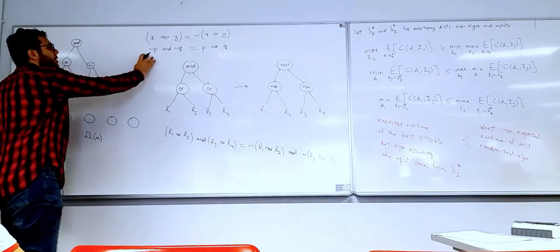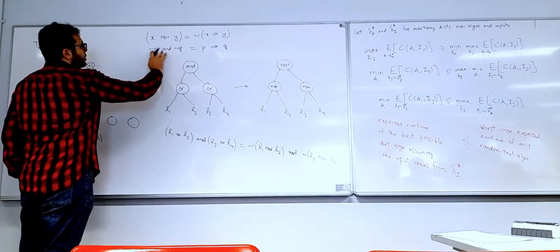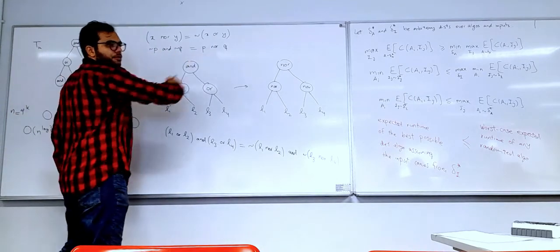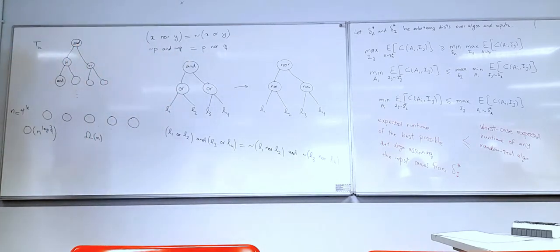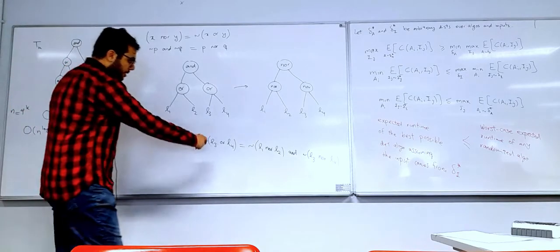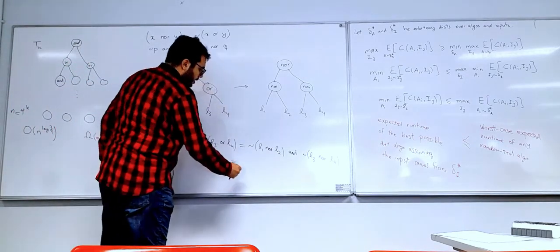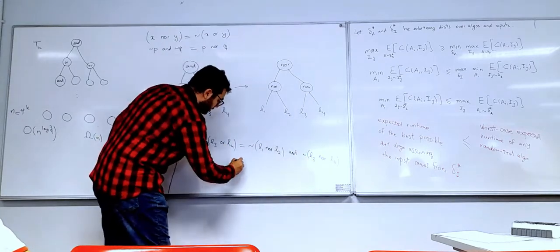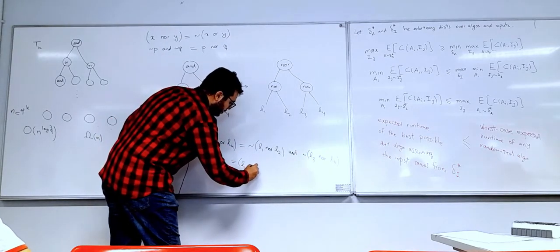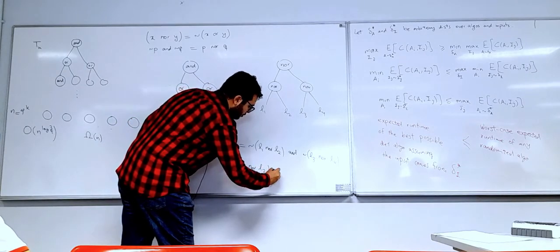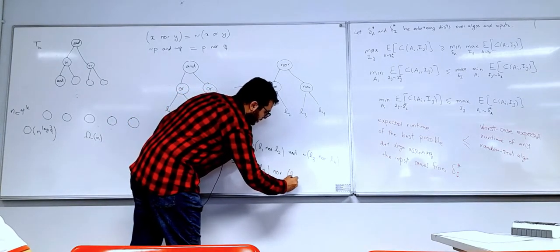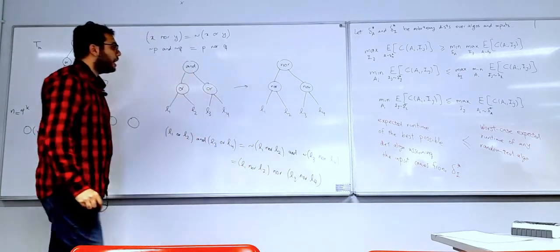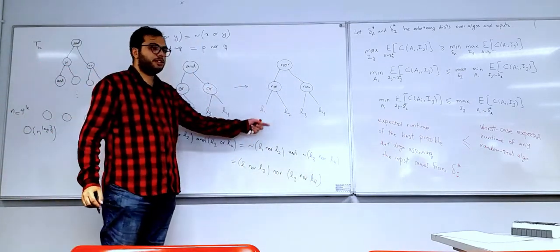Because not P and not Q says that both of them, both P and Q, have to be 0. And that's the same as saying P NOR Q. Okay, so I can write this one. Okay, so let's say that this is my P and this is my Q. So this is going to just be L1 NOR L2 NOR L3 NOR L4. And this is what this tree would give me.